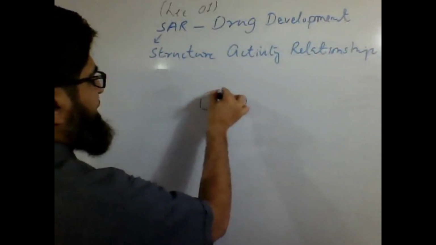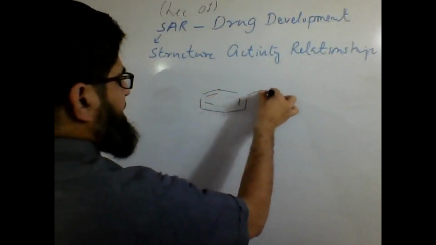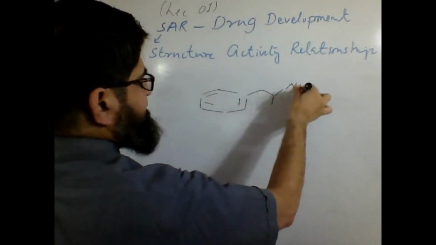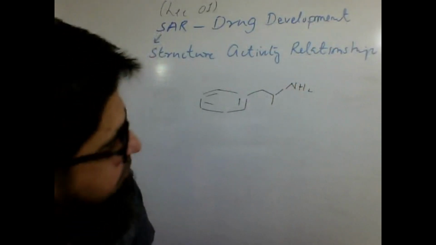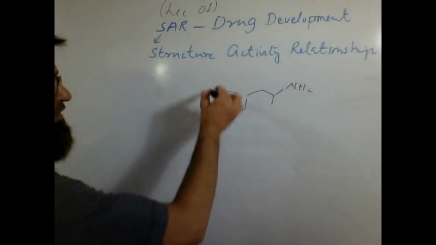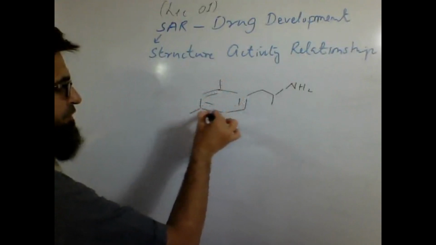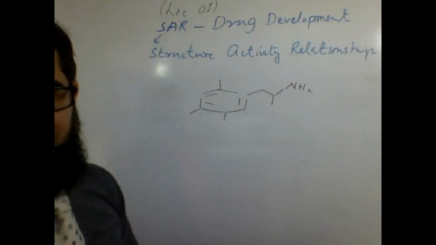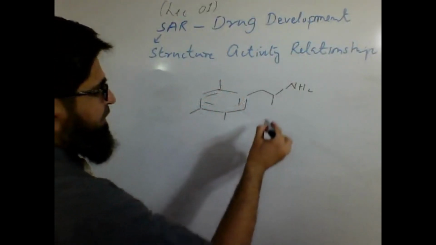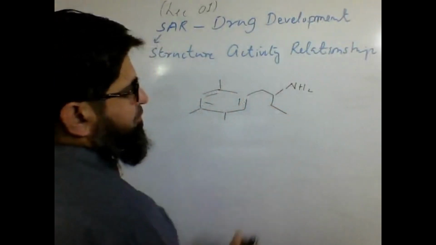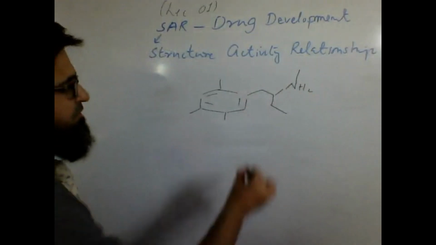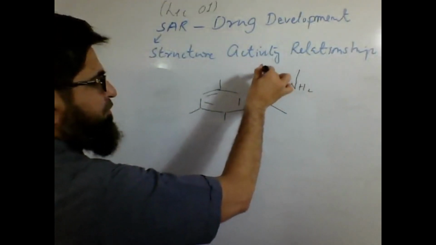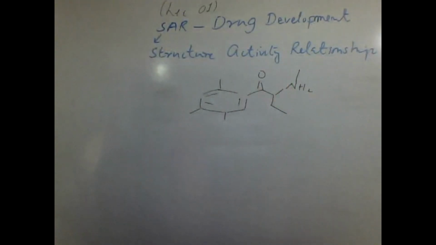Let me rewrite amphetamine again and try to recall it for you. What we did initially, we introduced different substituents, simple methyl groups here. Then somebody came to introduce structural modification here, side chain modification over here. Then someone came up with introduction of the carbonyl functionality over there.